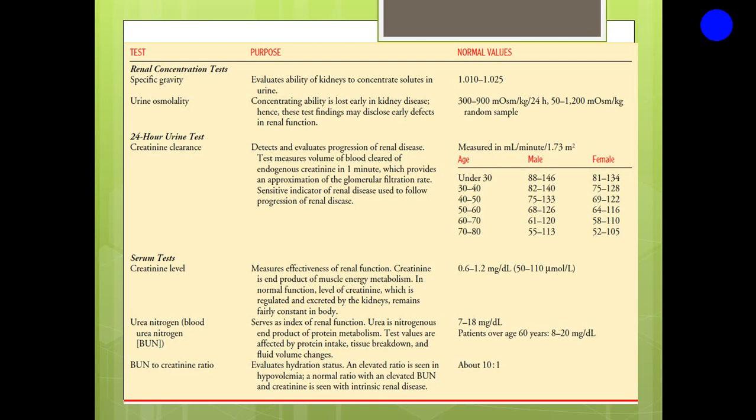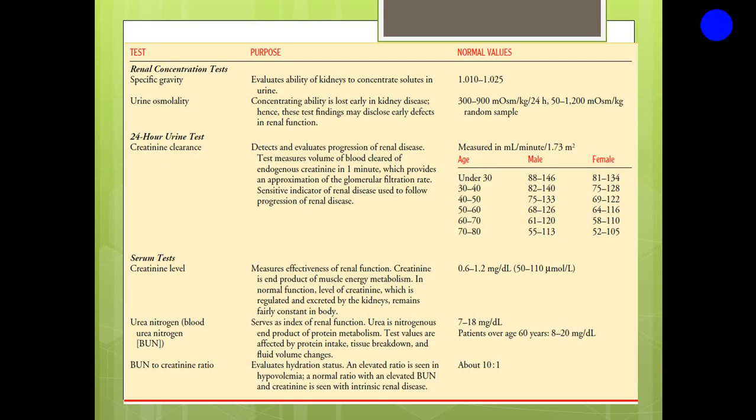Urine osmolarity is also measured. The 24-hour urine test, the creatinine clearance test, has normal values taken according to age and whether the patient is male or female.